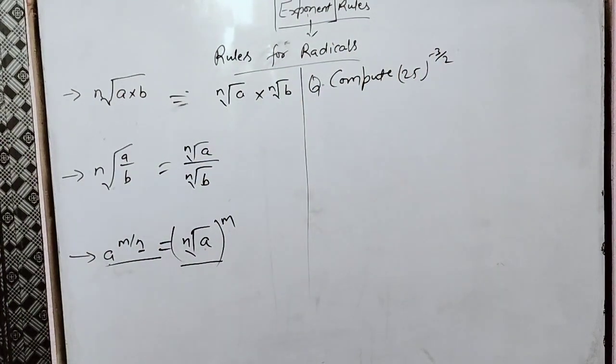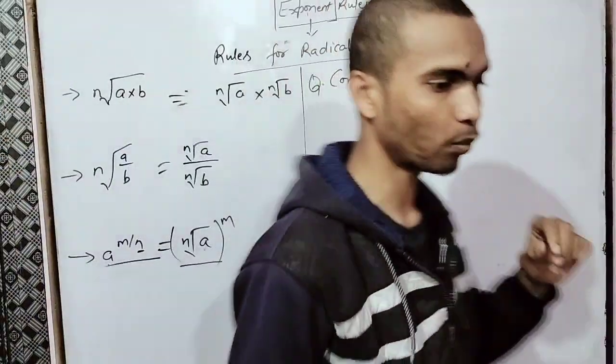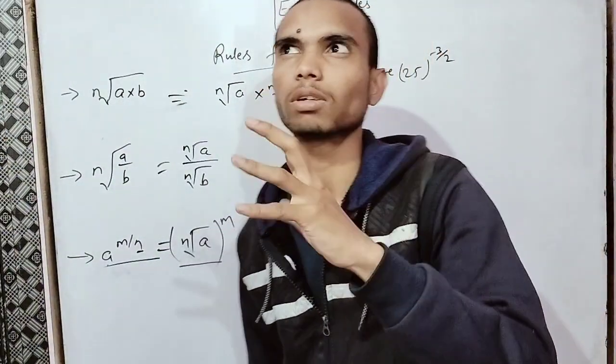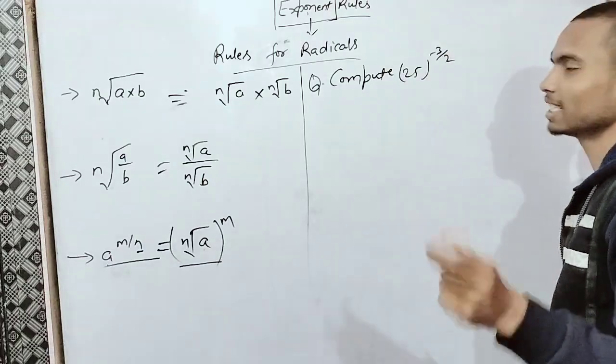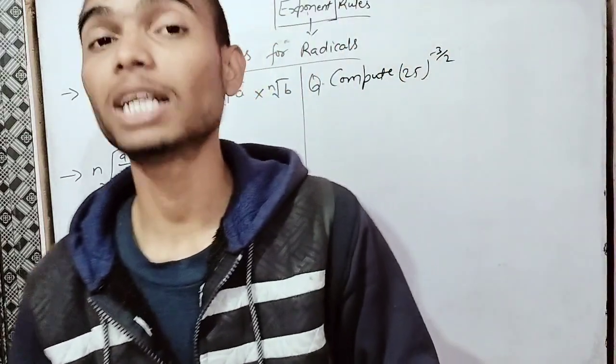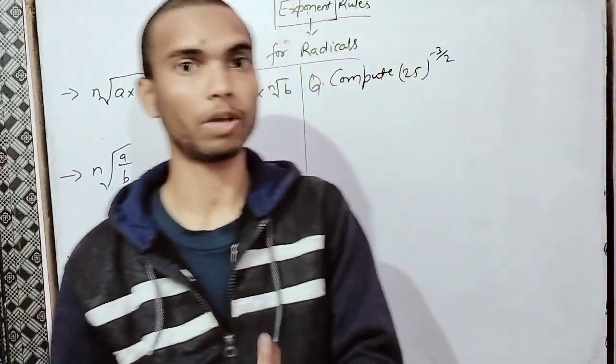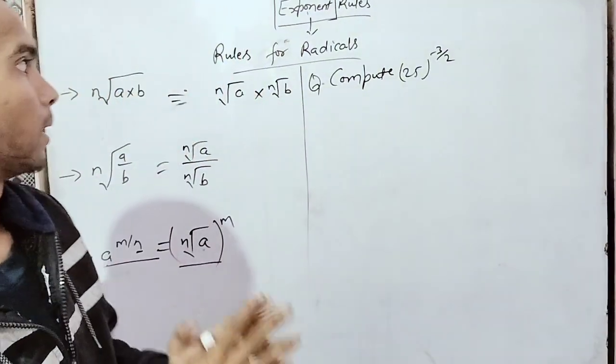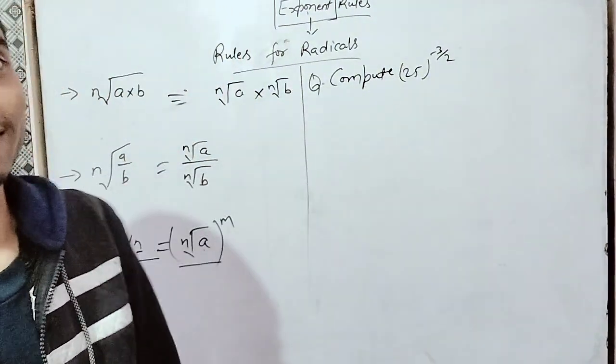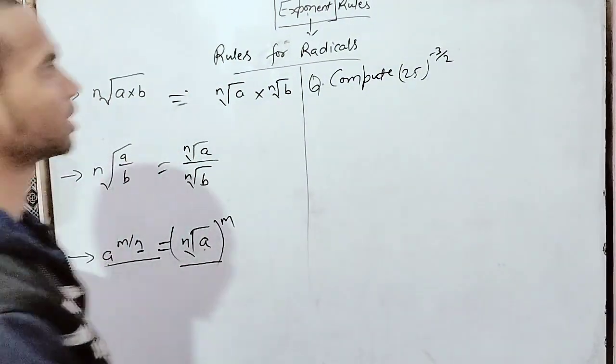Here we are looking at what we have: a fractional exponent, and we also have a negative exponent, whereas we have radicals. It can be written like that.